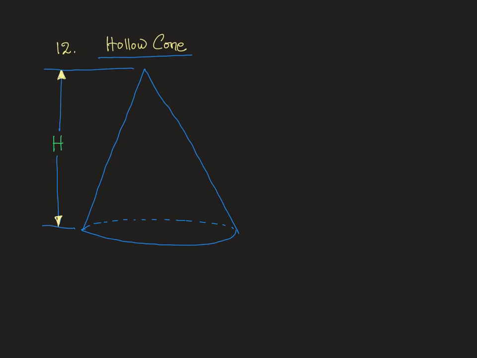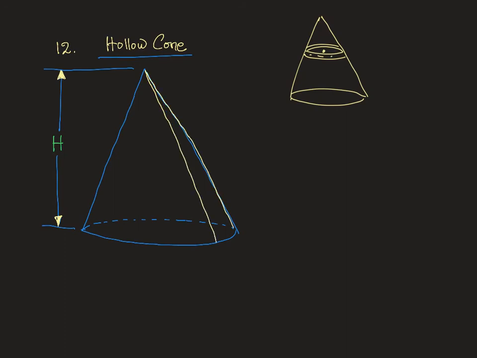Now for a hollow cone, you have to find out the location of the center of mass. I'm going to do it in a very unconventional and tricky method. Generally, the method used to find the center of mass of the cone is to divide the cone into rings and then integrate. I will not do that. Instead, I will make the cone this way.